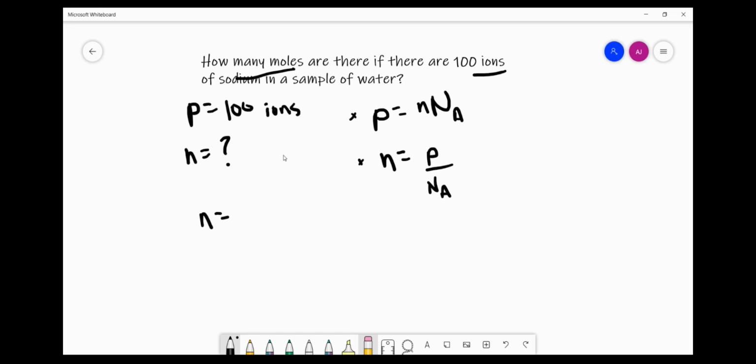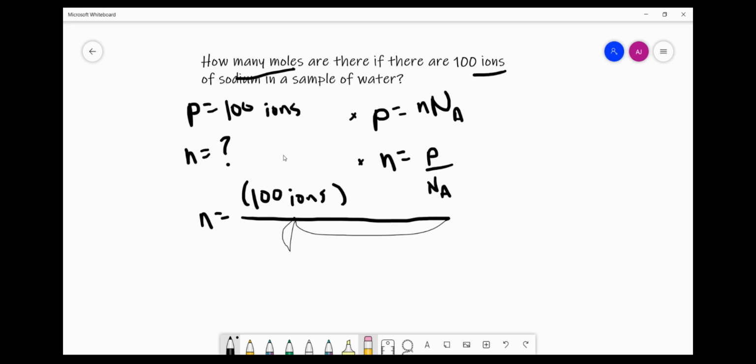So we substitute in our values, 100 ions. And then Avogadro's number, 6.02 times 10 to the 23 ions per mole.